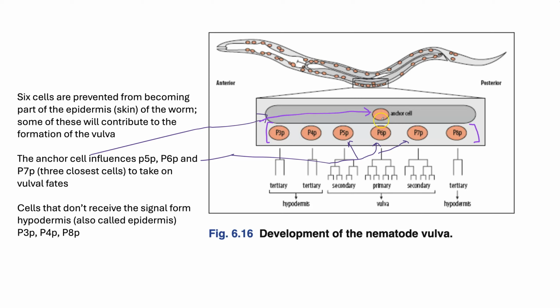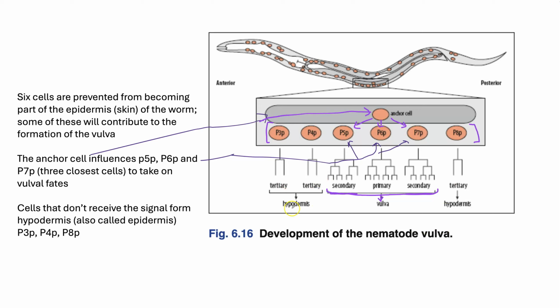Then the anchor cell sends signals, and it ends up influencing the 3 closest cells to itself, which end up forming the vulva. These 3 combine. The primary cells are the actual opening and immediate surroundings, and then the secondary cells form a supportive structure.